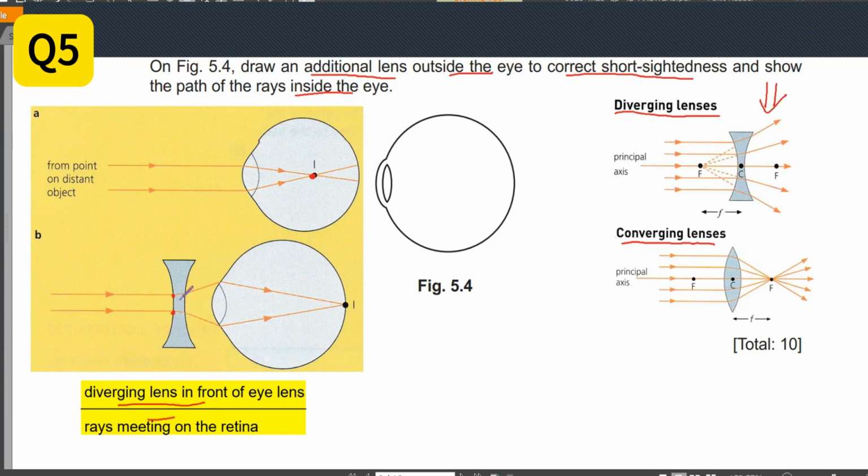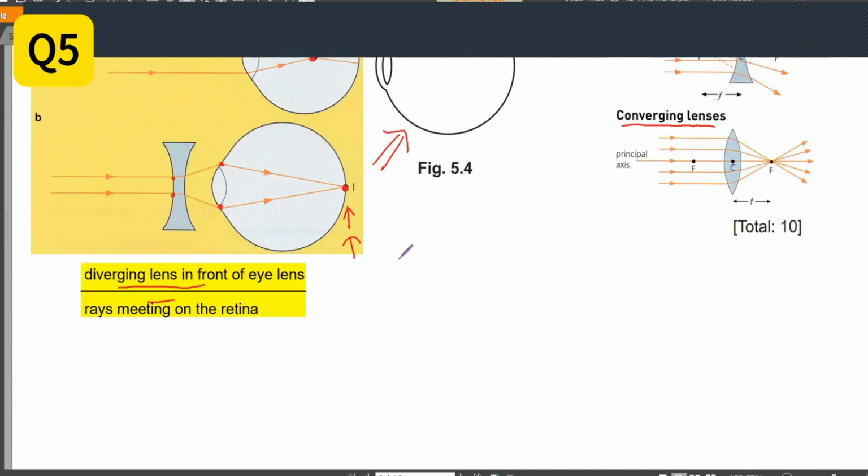So when it reaches the eyes, it can form the image further along the way, which will be the position that we want, which will give us a clear image. That's the idea. This is how we have the lens to correct the short-sightedness. This is what we expect to draw for the answer.